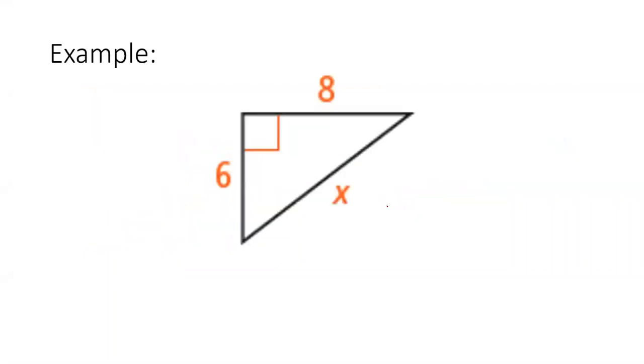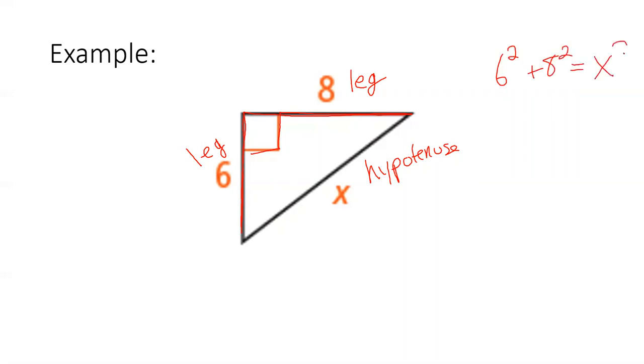So if we look here, here is my right angle. That means that 6 and 8 are my legs, and that X is the hypotenuse. So leg squared plus leg squared, 6 squared plus 8 squared equals X squared.